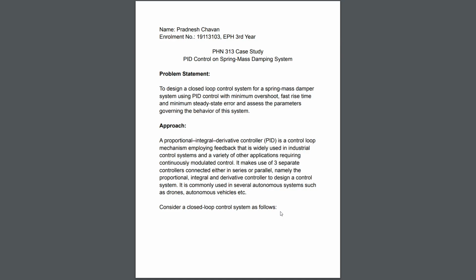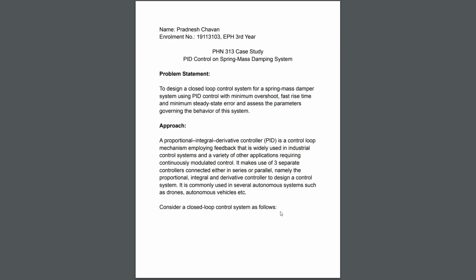So, just to give an overview of what PID is, PID basically stands for the proportional integral and the derivative controller. It is a closed loop control system which is basically employed as a feedback mechanism in several industrial control systems and a variety of other applications requiring continuously modulated control.